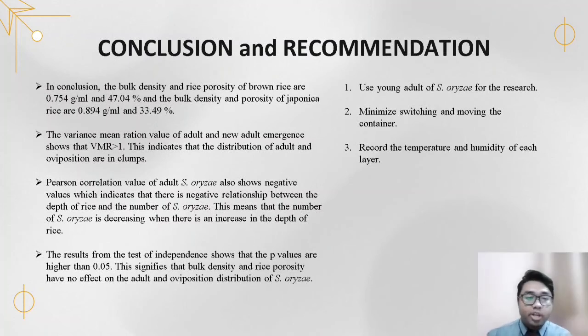And for the Pearson correlation value, we can see the negative value, which indicates that there is a negative relationship between the depth of rice and the number of SRIZ. And this means that the number of SRIZ is decreasing when there is an increase in the depth of rice. And lastly, the result from the test of independence shows that the p-values are higher than 0.05 for the adult and new adult emergence, and this signifies that bulk density and rice porosity have no effects on the adult and oviposition distribution of S. oryzae.